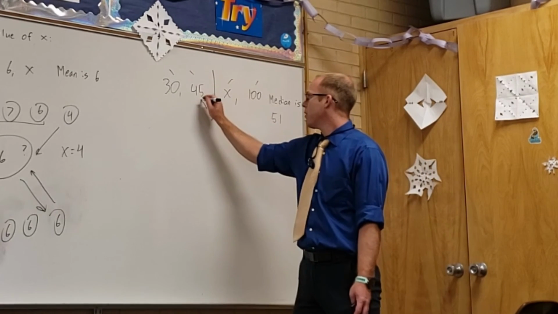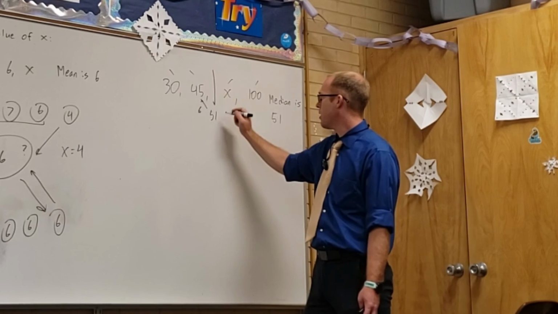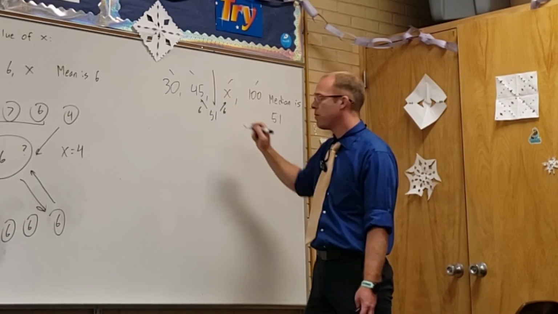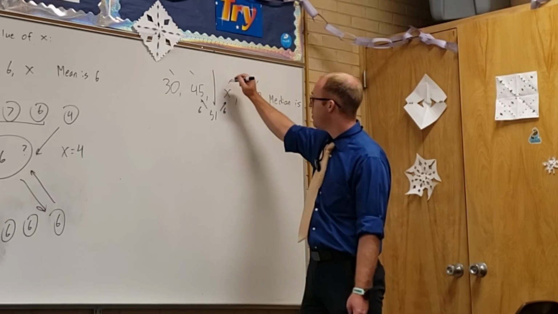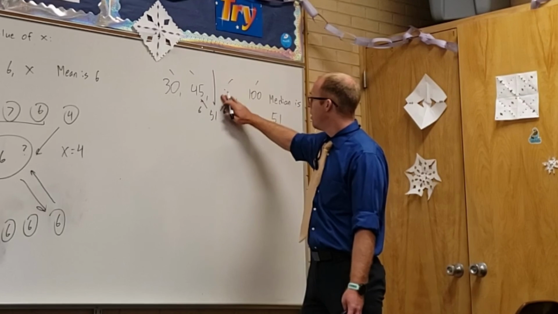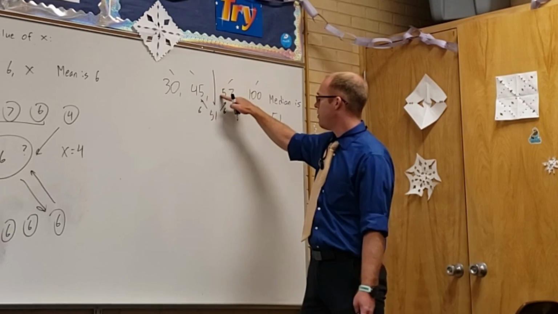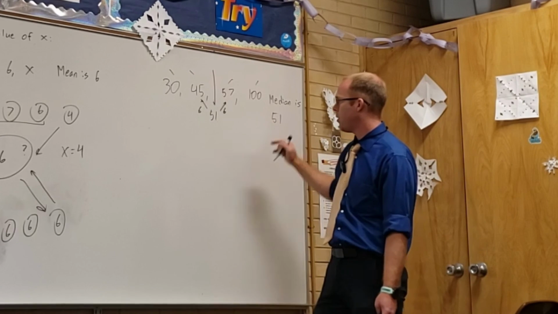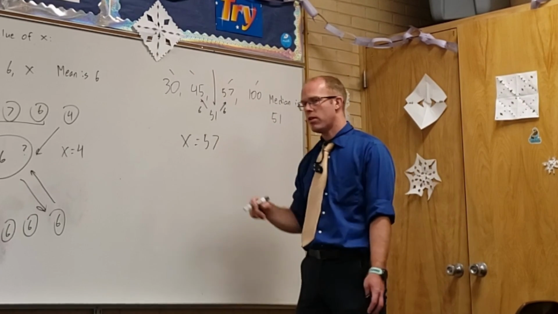All right, let's take a look. From 45 to 51, it's 6 away from here. And if this is exactly in the middle, it's got to be 6 away from there as well. That means that this number has to be 57. And exactly in the middle of 45 and 57 is 51, like we wanted for our median. So x needed to be equal to 57, and we're done.